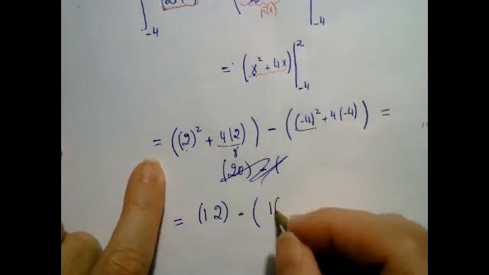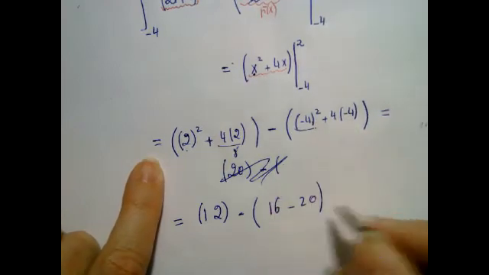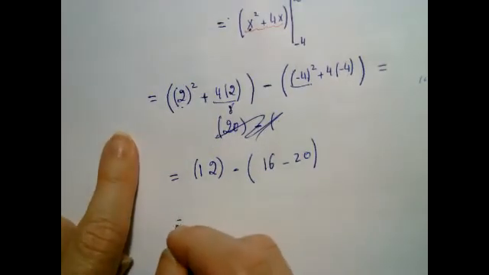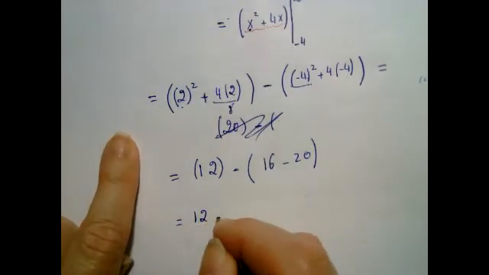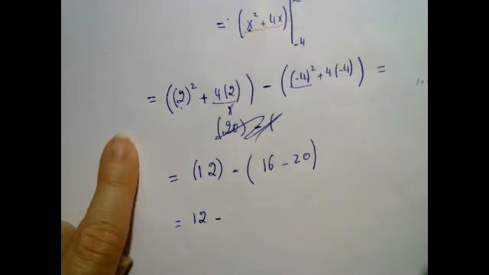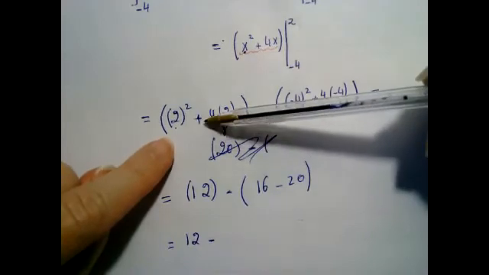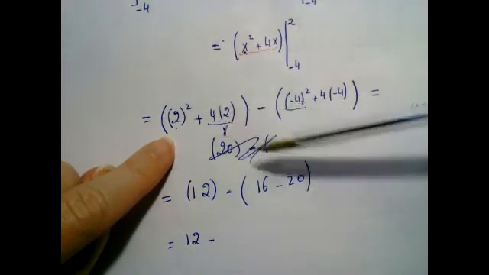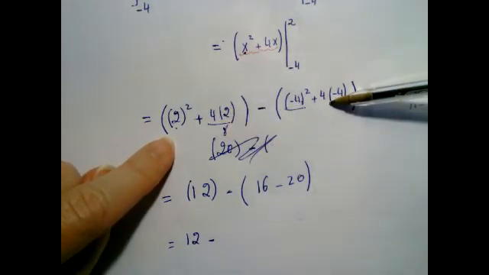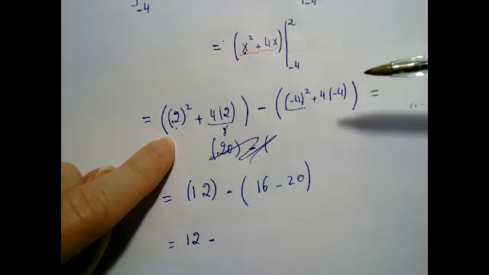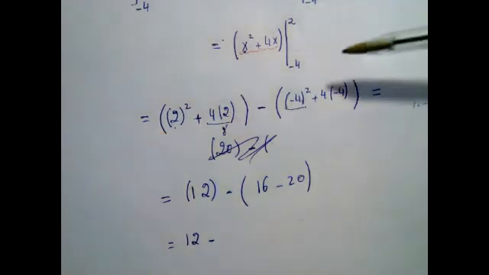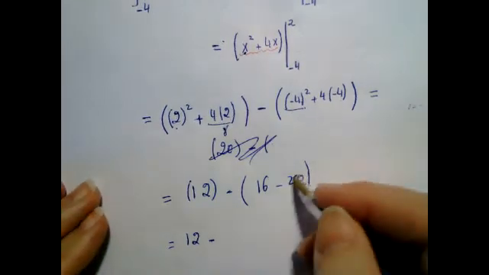That's going to give me a 16 minus 20. I'm doing something I don't like. 4 times negative 4 should be negative 16, not minus 20.